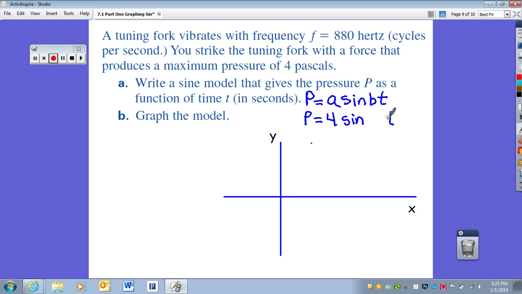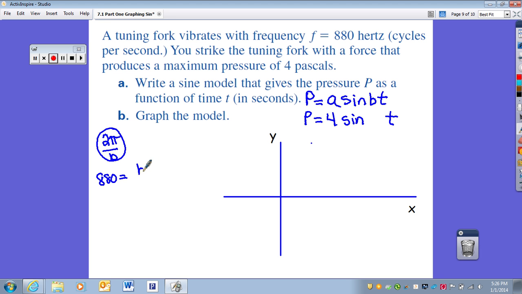Now, the way that we calculate the B is that we actually are going to set this equal to our formula that we had before. So, to find our period, we took 2 pi over B. Well, the frequency is actually the reciprocal of this. So we have 880 is equal to the reciprocal of the period.